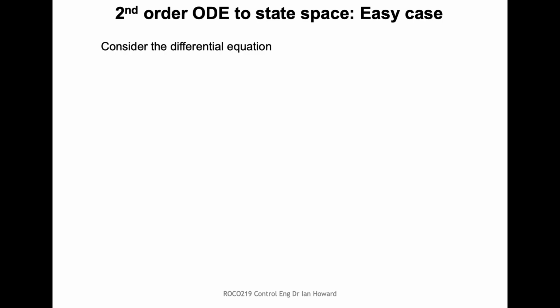So let's just think of one particular equation now, and we'll concentrate on this because this is going to be a relatively simple case to do, but it's nice to do something directly from a differential equation.